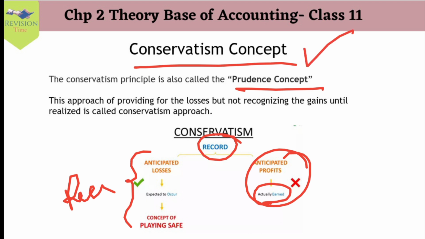The approach of providing for the losses but not realizing the gains until these are realized is called conservatism concept. This approach is adopted to give the investors an idea and a clear picture about inflated revenues and assets, and also about the understated liabilities.